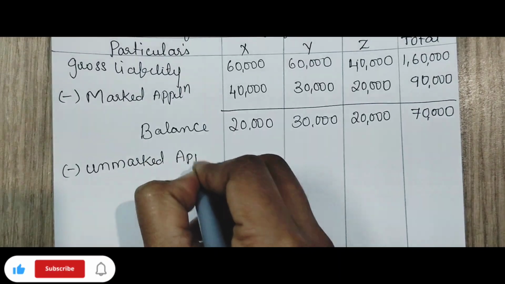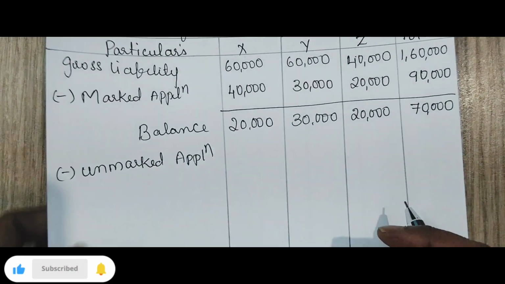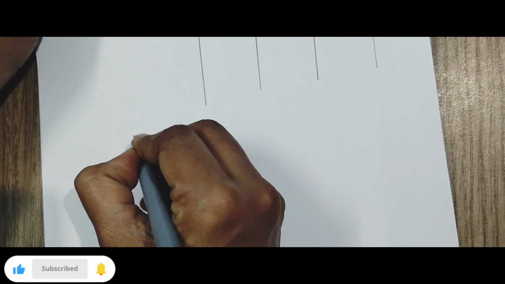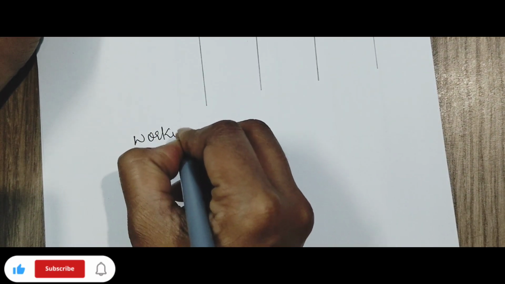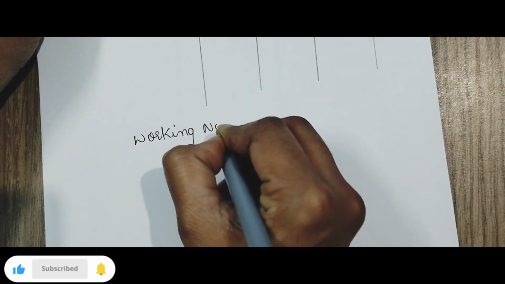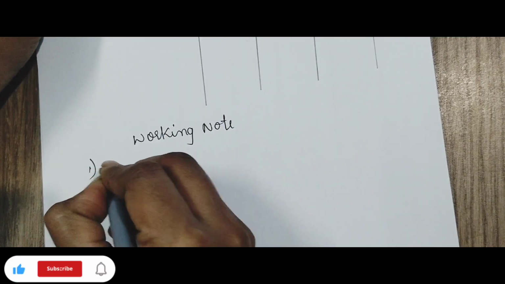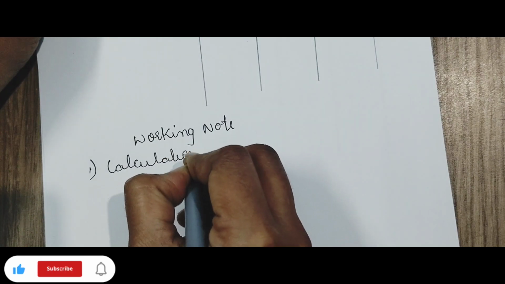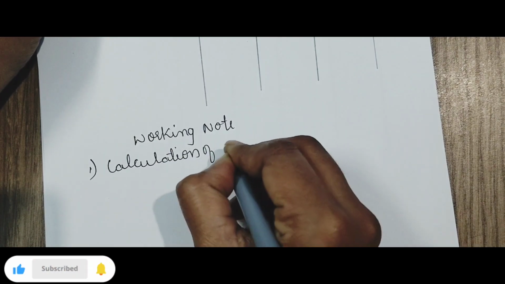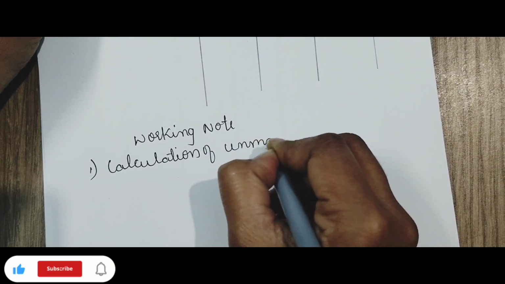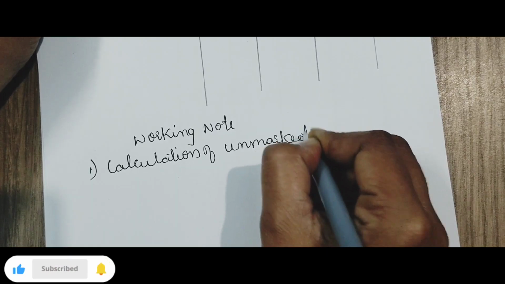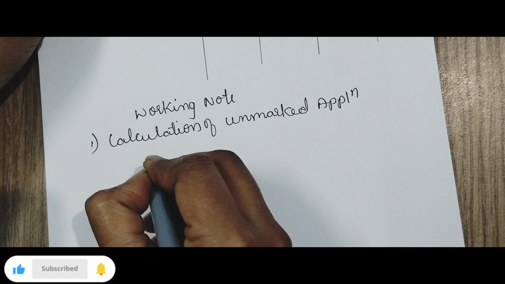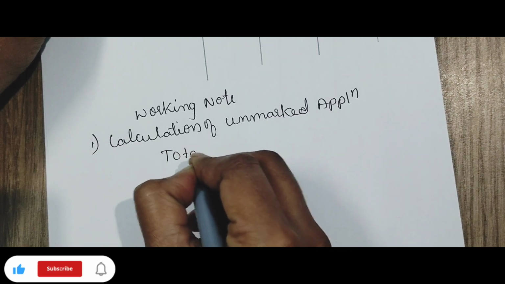Unmarked applications. How will you find unmarked applications? Total application received is given. This is working note. Calculation of unmarked application. What is the total application received?